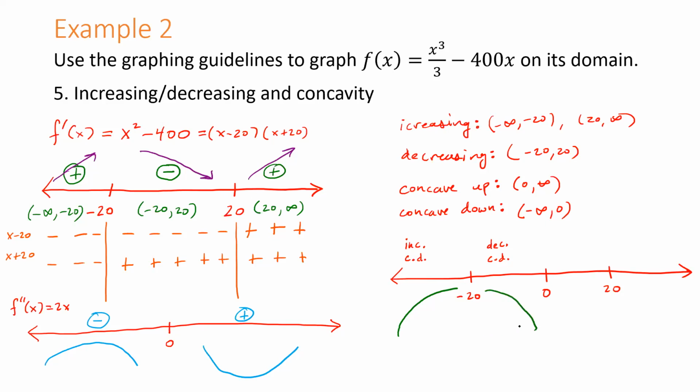Something like that. From 0 to 20, now it's decreasing and concave up. So something like this.